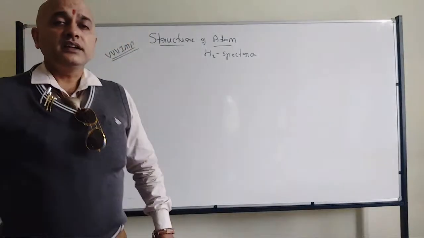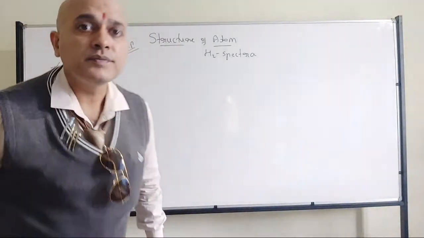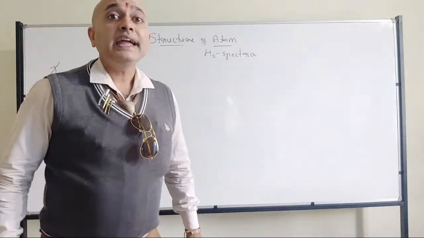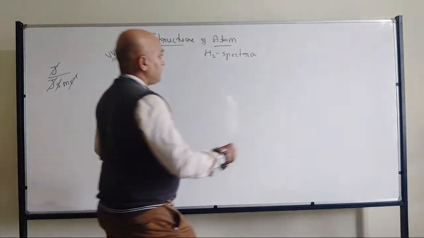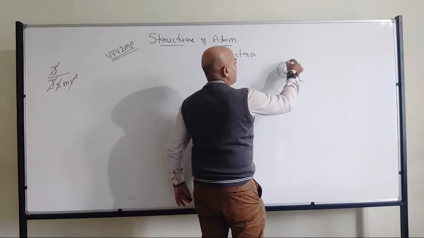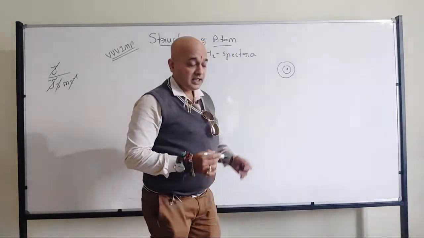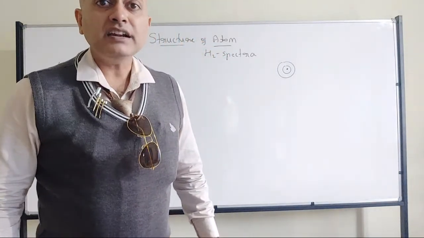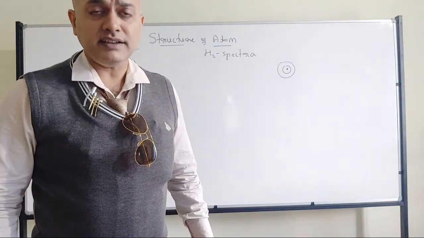Now, Geeta asks, sir, what is n? Small n is nothing but the number of the energy level. For example, I have a nucleus, then I have the energy level. Energy level means it's an imaginary line where electrons will be moving around the nucleus.